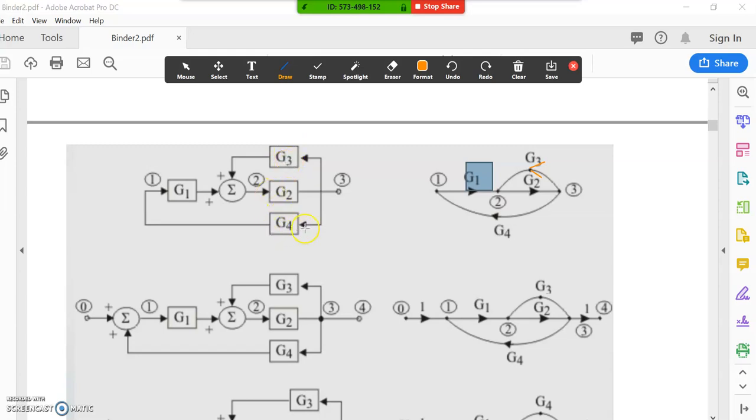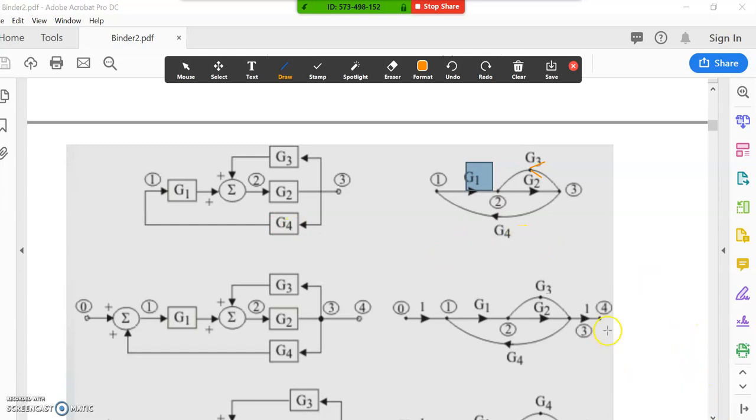At the bottom, from 3 to 1 there is a signal flowing, going from 3 towards 1. So we draw a line with an arrow from 3 to 1, and it is getting multiplied by a gain of G4.